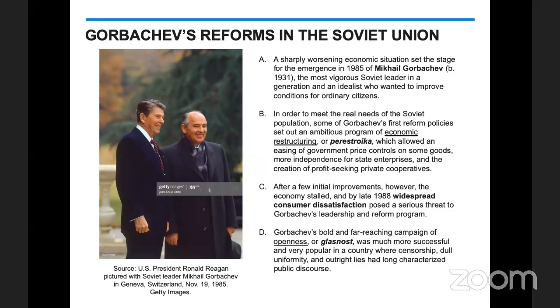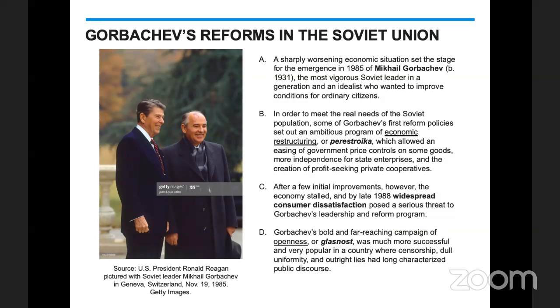In paragraph C, after a few initial improvements, however, the economy stalls. And by late 1988, widespread consumer dissatisfaction posed another serious threat to Gorbachev's leadership and reform. Gorbachev has another policy, and it's bold, and this is called openness, or glasnost, which is much more successful.